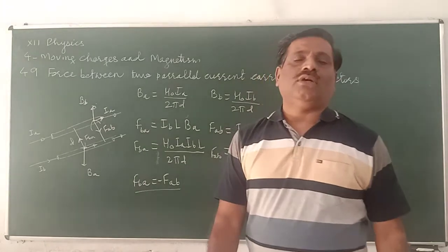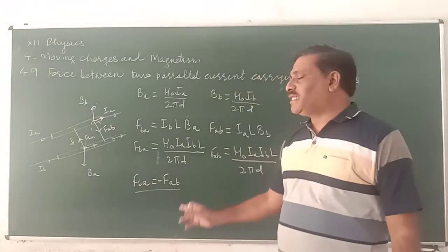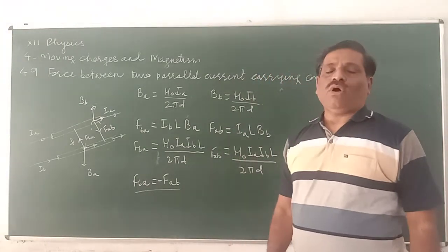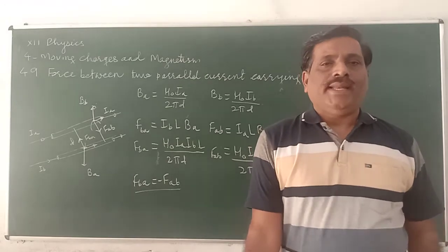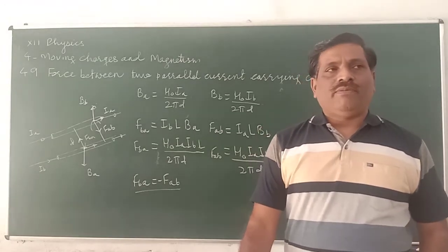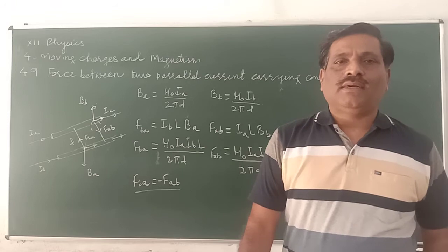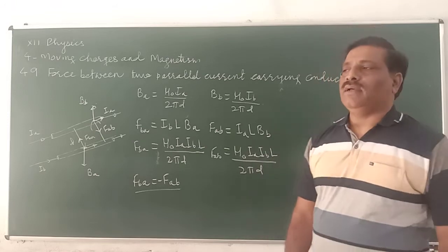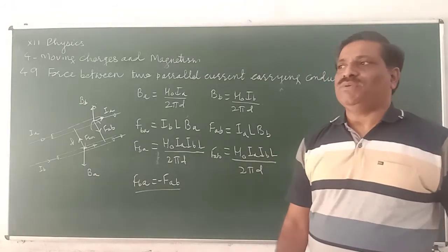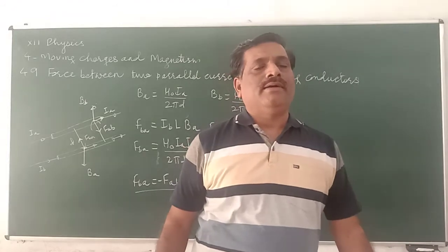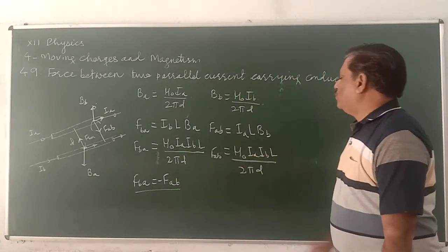But Newton's third law in this case is a combination of two things: the magnetic field produced by the current carrying conductor, and the force experienced by the current carrying conductor.